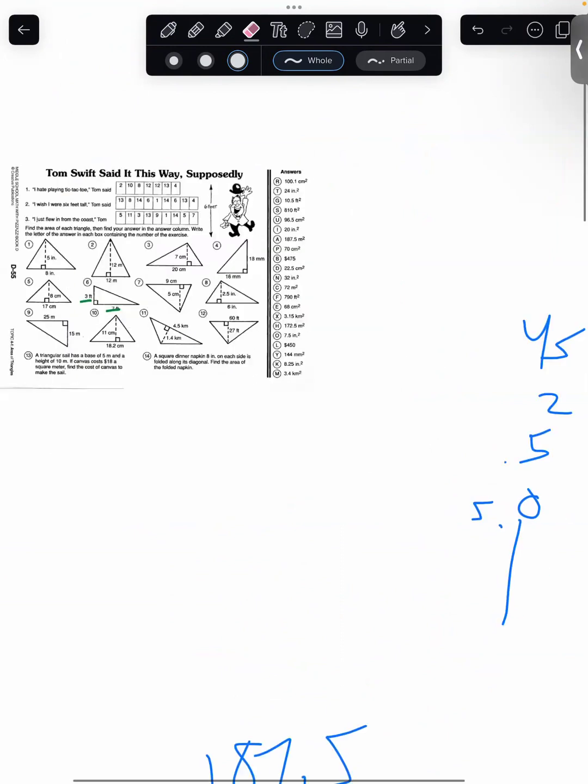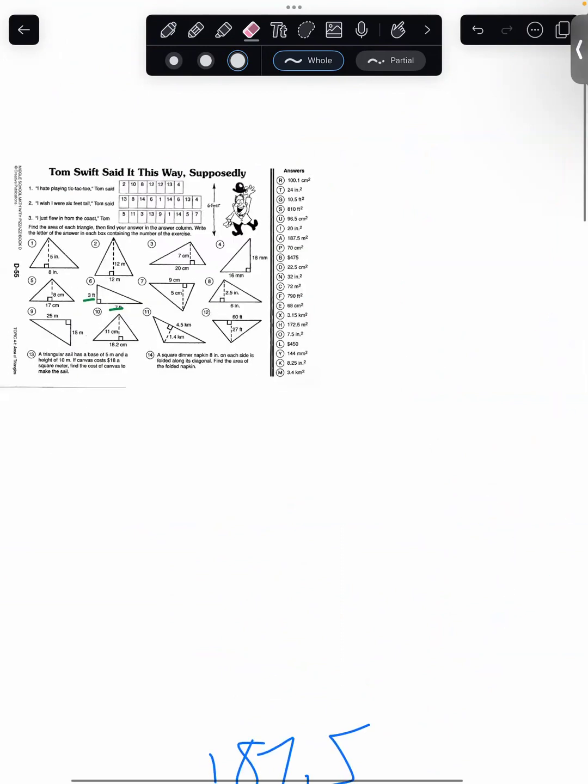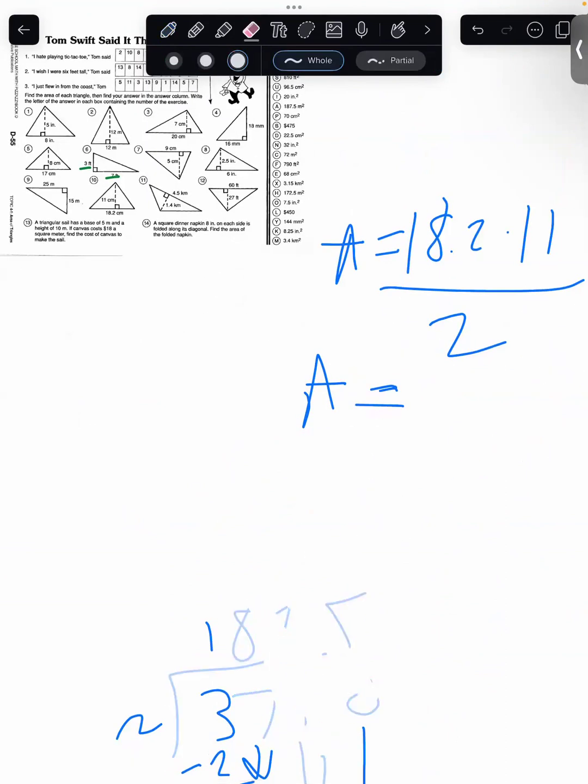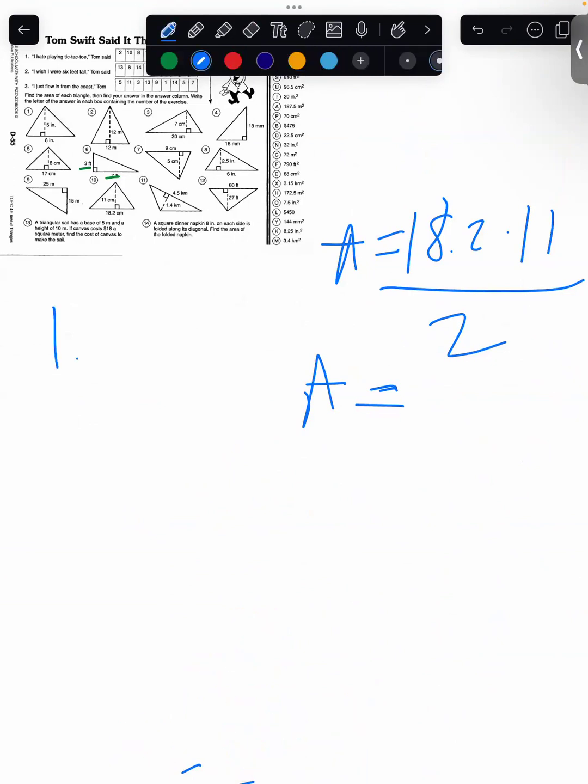All right, number 10. We have 18.2 as our base, and 11 is our height. 18.2 and 11. So 18.2 times 11 divided by 2, because it's a triangle, half of a rectangle. So a rectangle divided by 2. So 18.2 times 11.